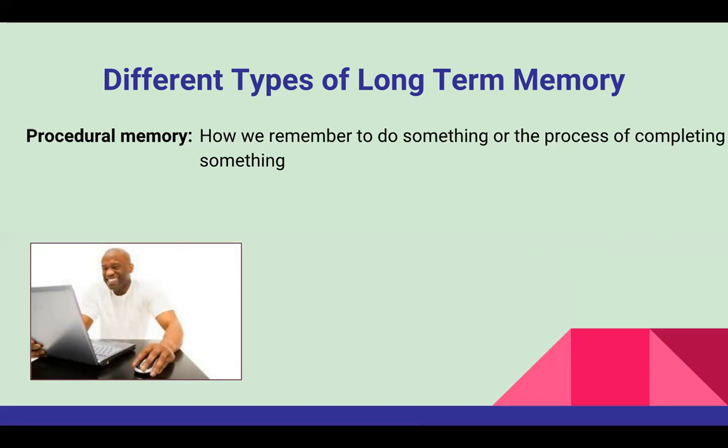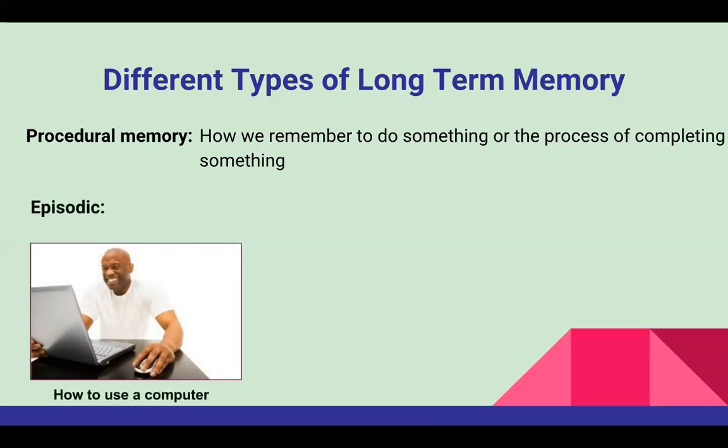At first, you may learn how to use it, and then eventually you can talk and use the computer at the same time. Another example of procedural memory might be riding a bike, or writing, using a pen in your hand. These are things that we may have to concentrate on for a second, but really that's to learn it and store it. And then once it's stored, we're able to access how to do something without much effort.